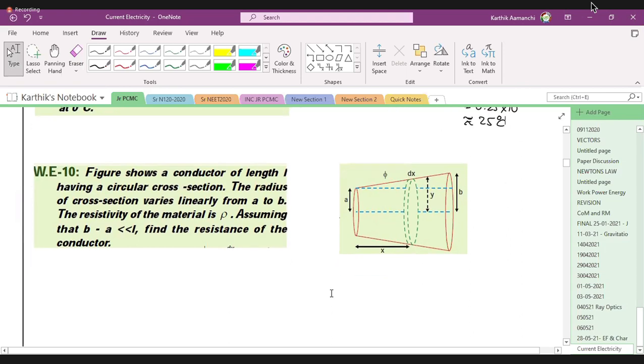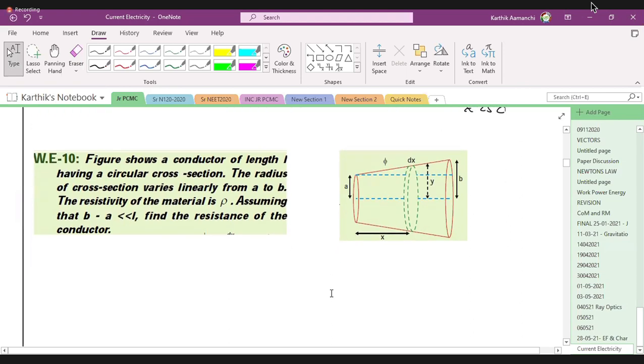Next, do this question. I should not have given the dx element and everything in between. Without that element, you take it.